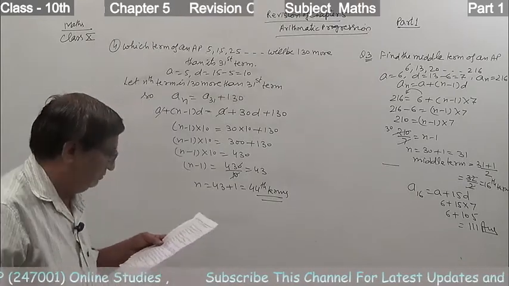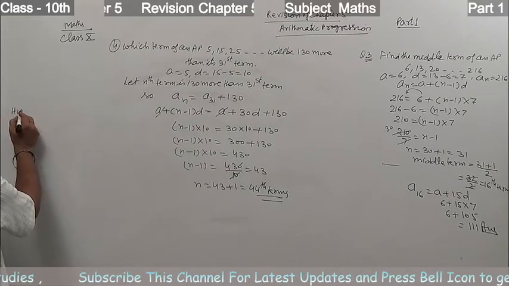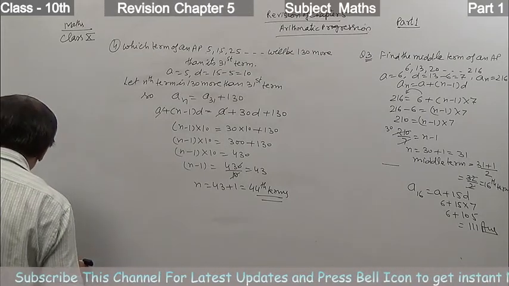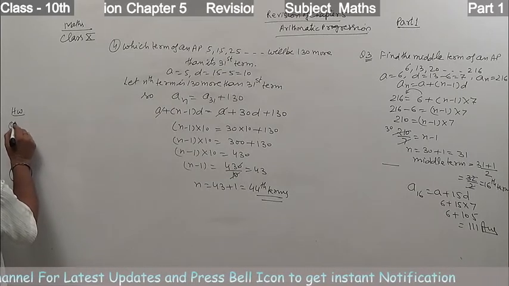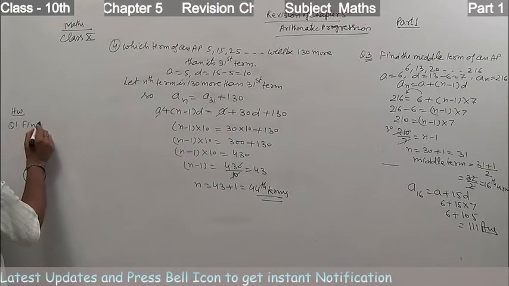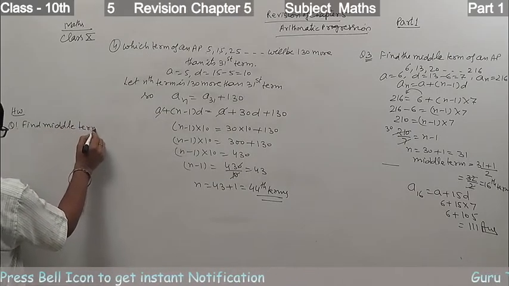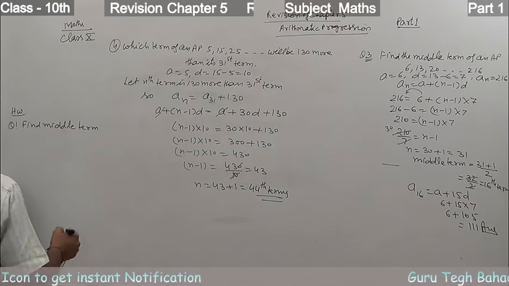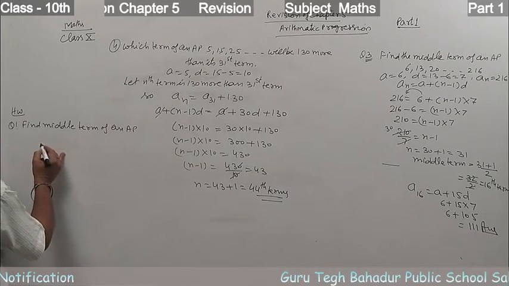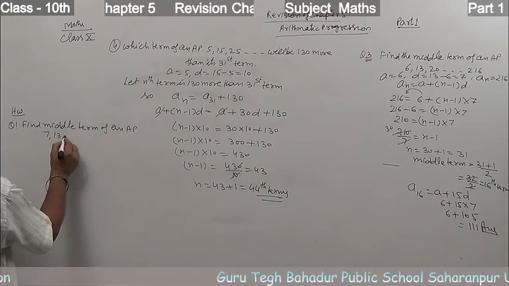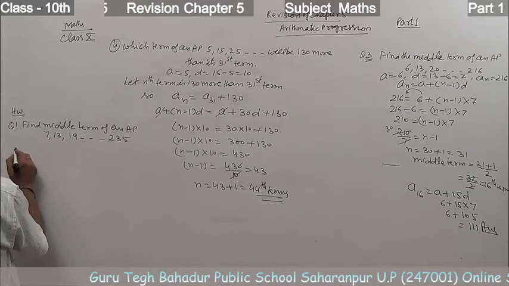Now see the homework. First question: find the middle term of the AP 7, 13, 19 and so on to 235.